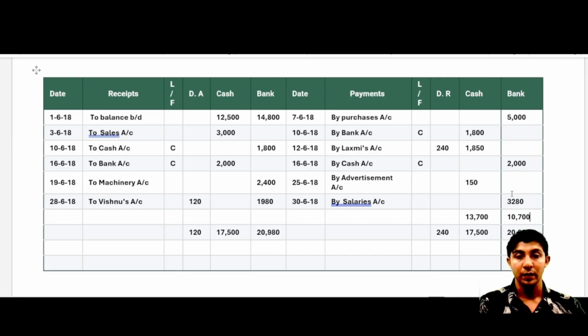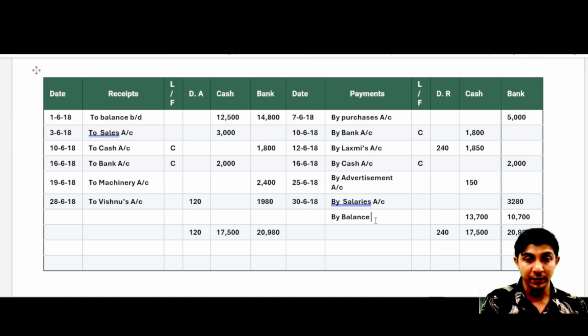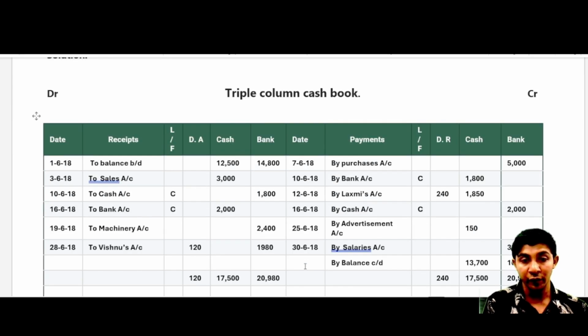This is balance. So here we need to write in the payment side by balance C/D carried down. What will be the date? The date will be the date of last transaction, 30 June 2018.